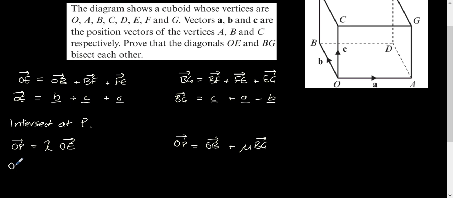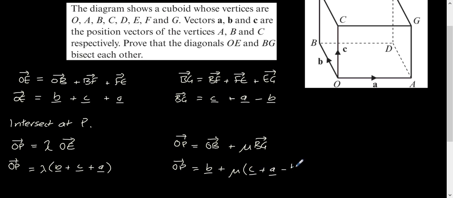So let's get that written down in terms of lowercase vectors. We've got lambda multiplied by b plus c plus a. And for OP here, we've got b plus mu multiplied by c plus a minus b. Just taking the results from before.